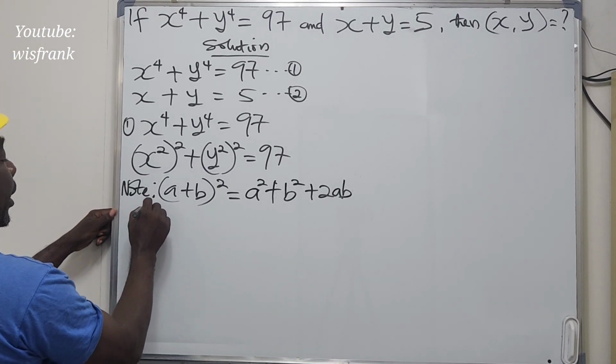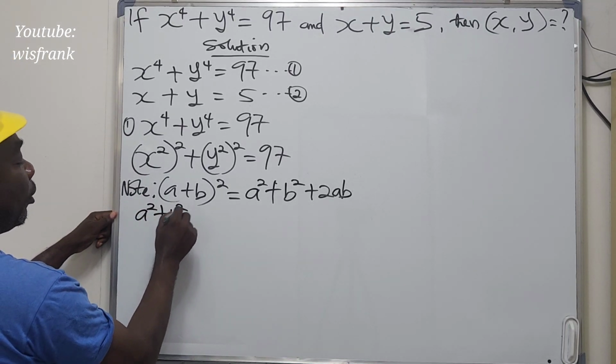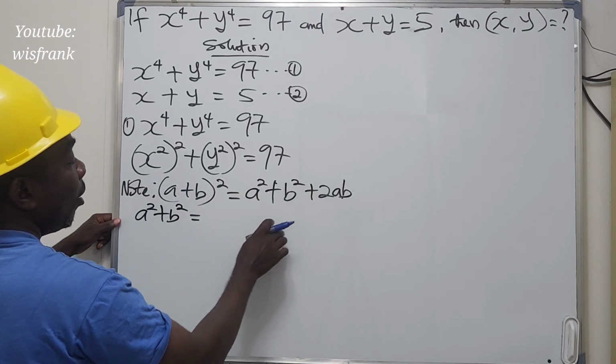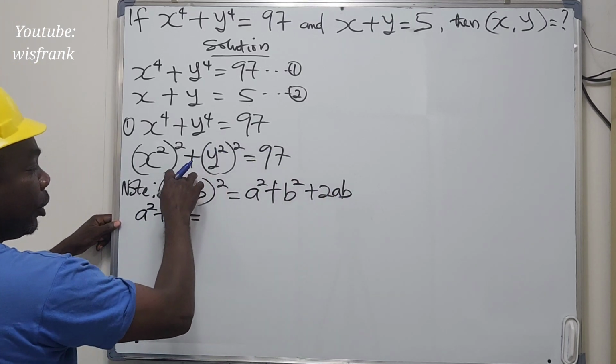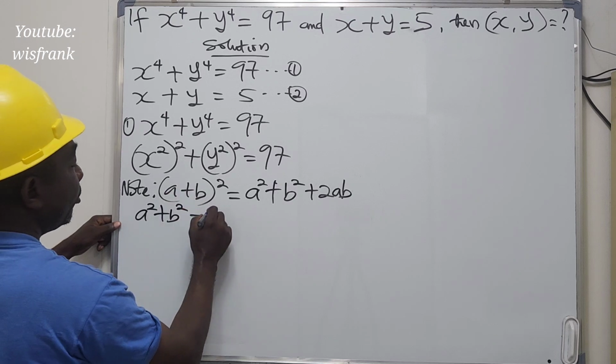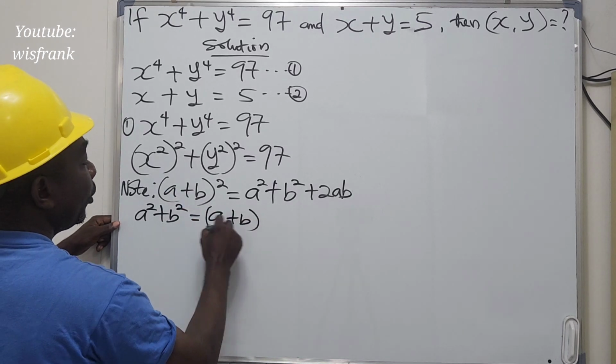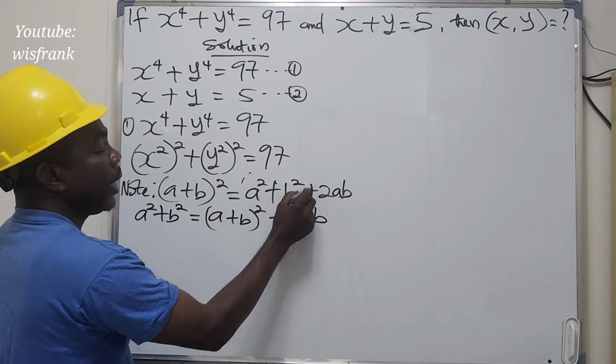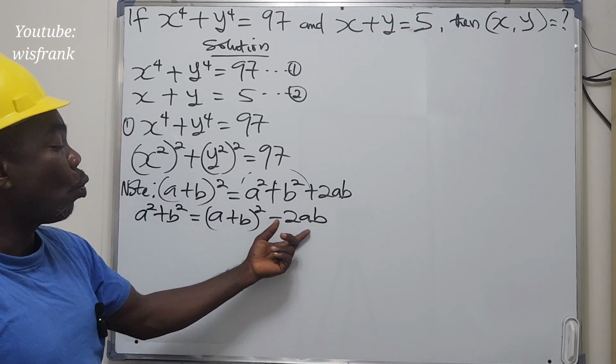So this will become a to the power of 2 plus b to the power of 2 equals, this will be transposed to the other side, (a plus b) all to the power of 2 minus 2ab. This is what we have.